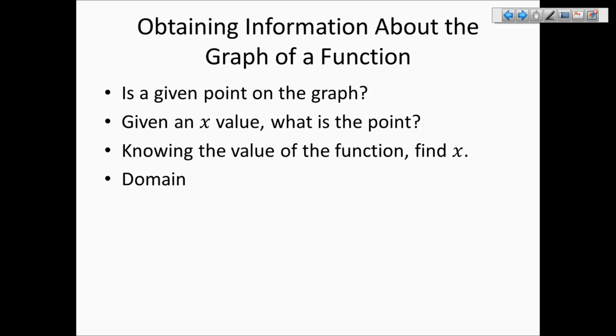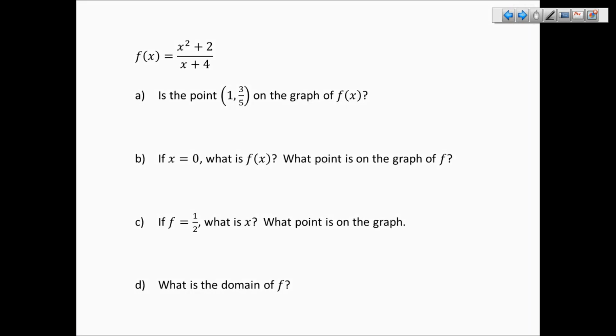All of these things help us make graphs, but to answer these questions, we're not going to actually look at the graph. All right, so here's our function. f of x equals x squared plus 2 over x plus 4. Our first question, is the point 1, 3/5 on the graph? Well, really, what I need to do is plug 1 into the function. That is, find f of 1. If it equals 3/5, then yes, the point 1, 3/5 is on the graph.